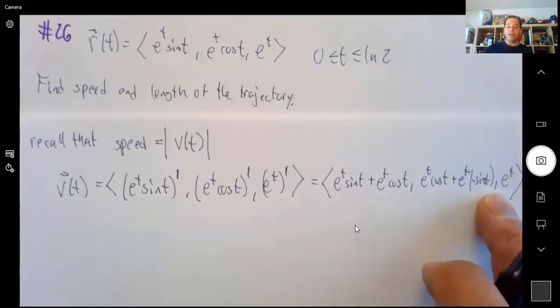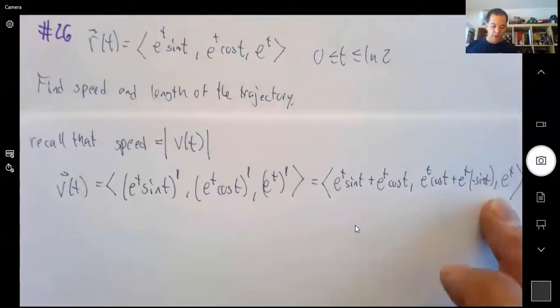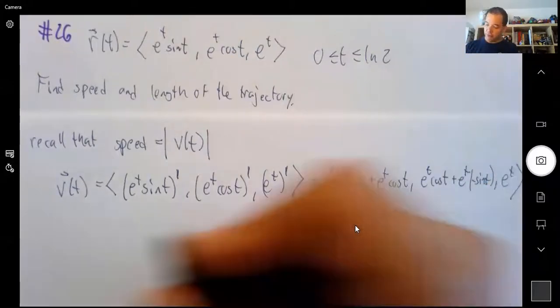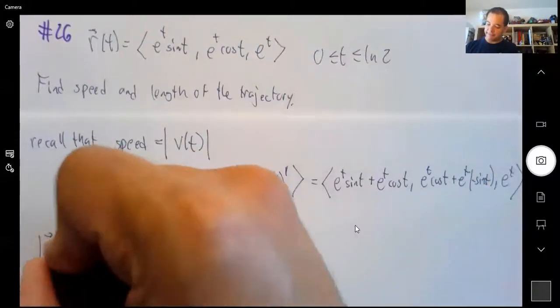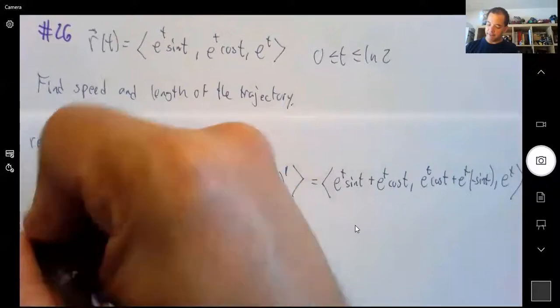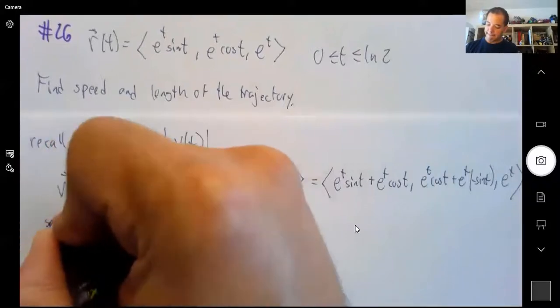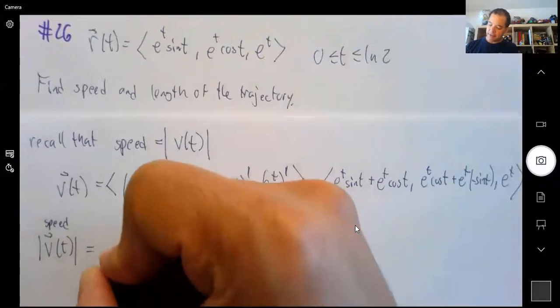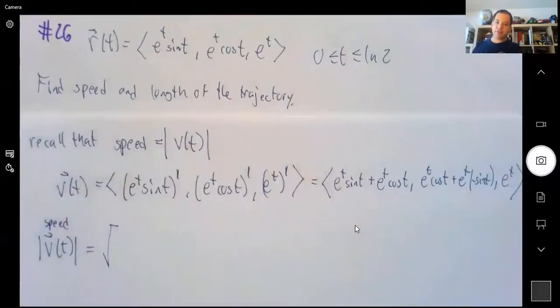But the speed, you only care how fast you're going, it doesn't matter which direction. So for that, we just need to take the absolute value of that. So that's the speed. And when I said the absolute value, I really mean the magnitude, because this is a vector.